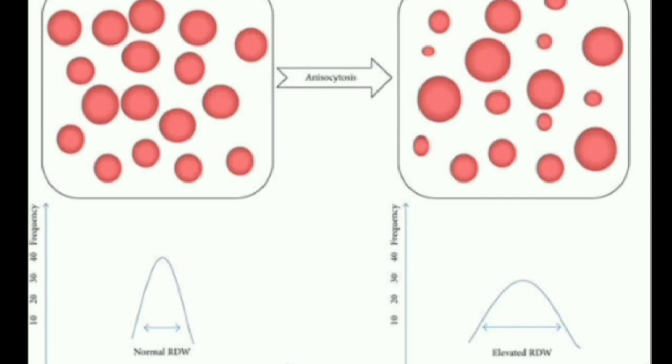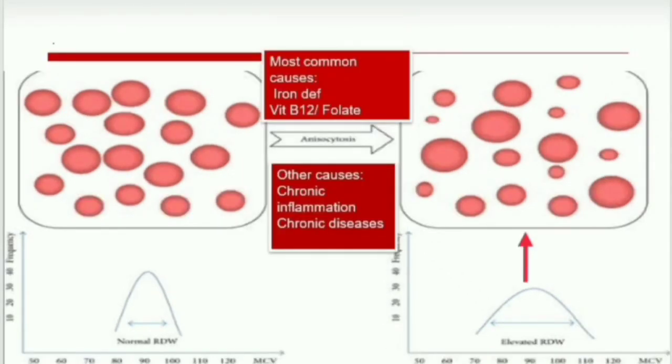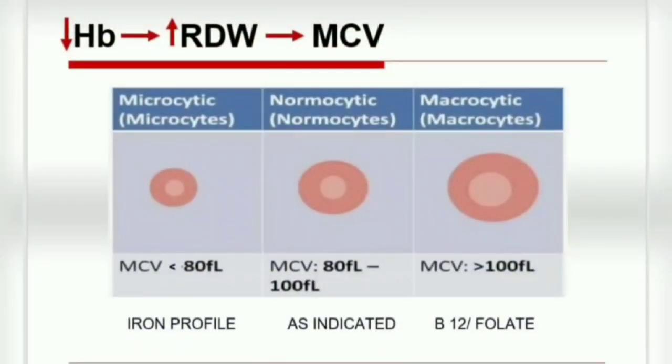Although high RDW can be seen in any chronic disease or inflammation, the most common cause is iron, folate or vitamin B12 deficiency anemia. Low hemoglobin levels with high RDW, the most likely cause is nutritional deficiency, either iron deficiency or vitamin B12 or folate deficiency.